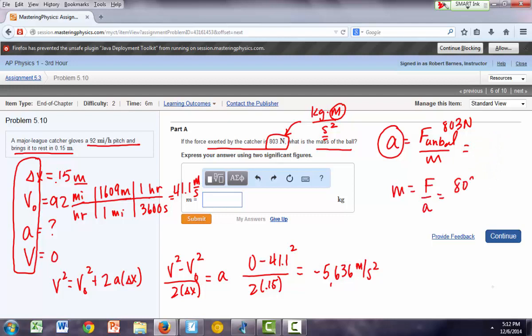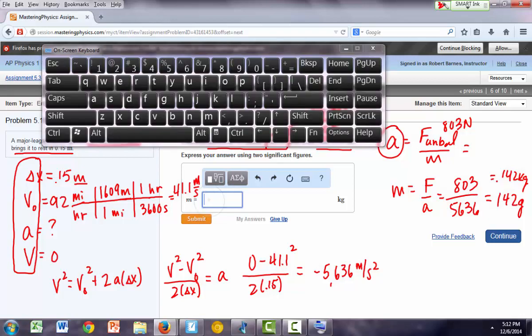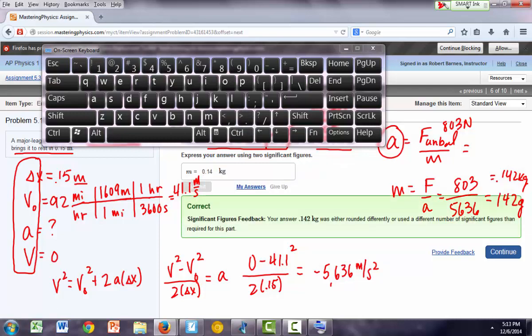So 803 over 5,636. 142 grams or 0.142 kilograms. Okay, see if that works. Nope, I used too many sig figs.